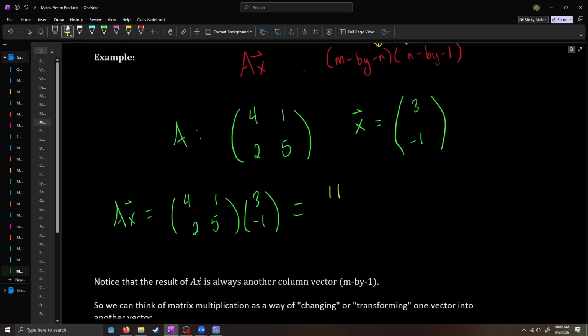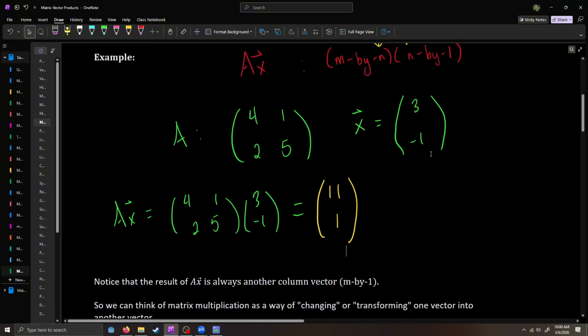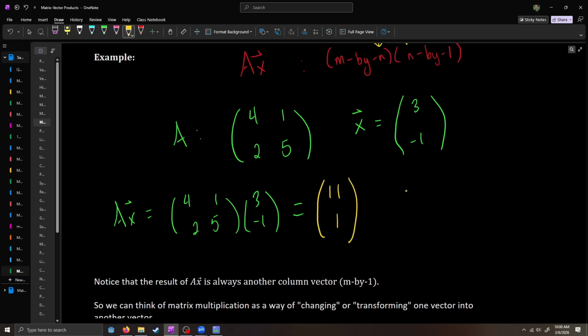And then we're going to move to the next row of A. So we have 2 times 3, 5 times minus 1, and that's going to give us a result of 1 from 6 minus 5. So observe that when we multiply a matrix to a column vector, the result that we've gotten is another column vector.